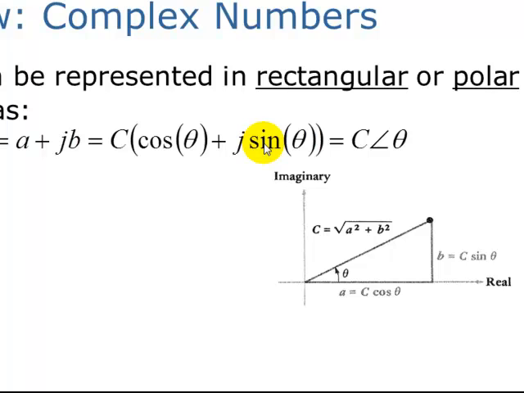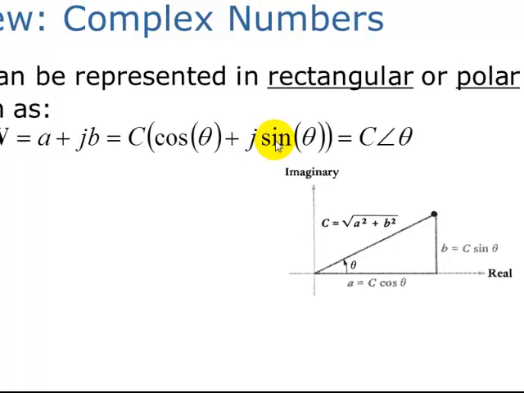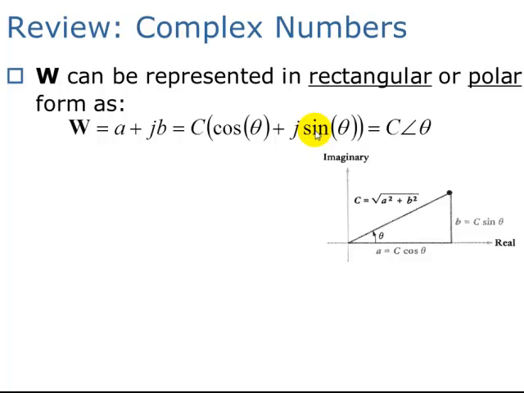So we can describe this complex number either in Cartesian, or rectangular, coordinates as A comma B, or A plus JB, or in polar form, where it would be magnitude C at angle theta, and that's what that C angle symbol is meaning.